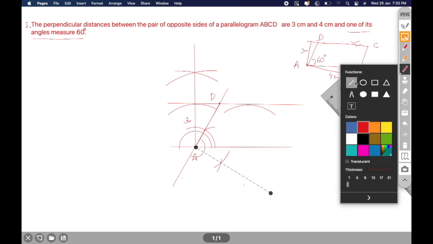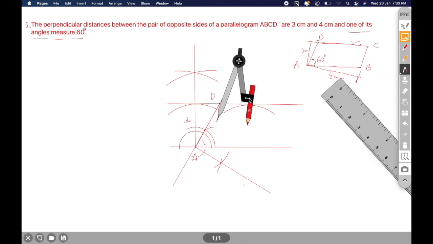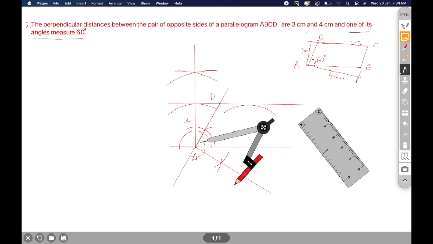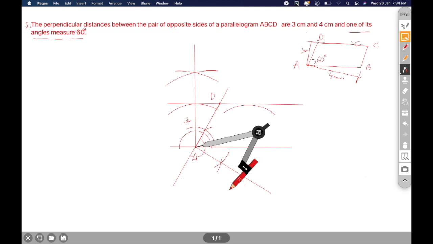So when we take the compass and measure 4 units and placing the compass at the point A, if we draw an arc now, so this length is 4 units.